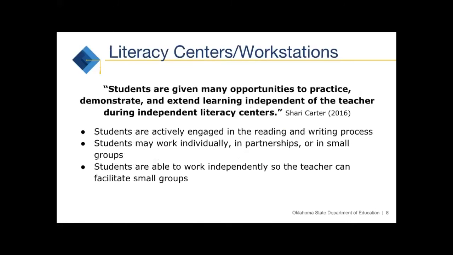If reading is their input, what are they doing in literacy centers so that writing is their output? Depending on your centers and your classroom management style, you may want students to work individually, in partnerships, or in small groups. Either way is very appropriate for literacy centers.